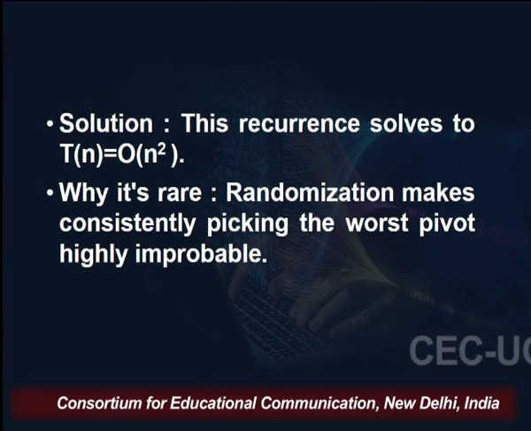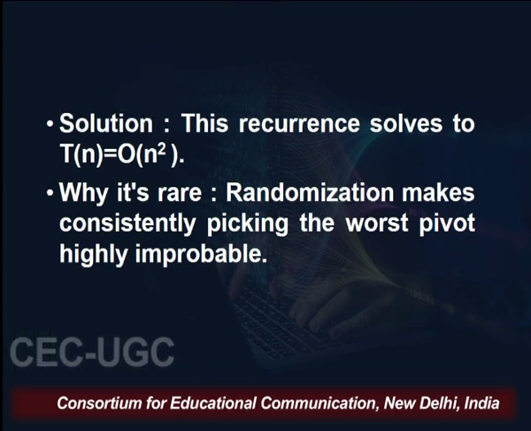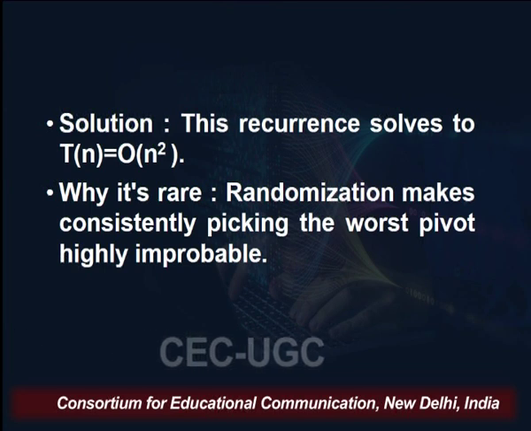Because randomization makes consistently picking the worst pivot, which is either the first or the last element in the array, highly improbable. So because of this randomization, we can say we are saved.